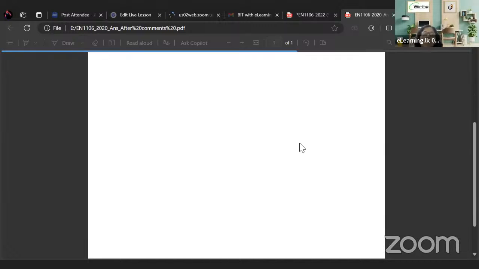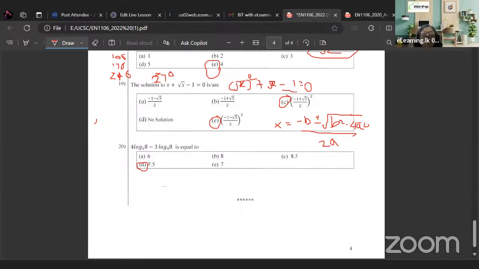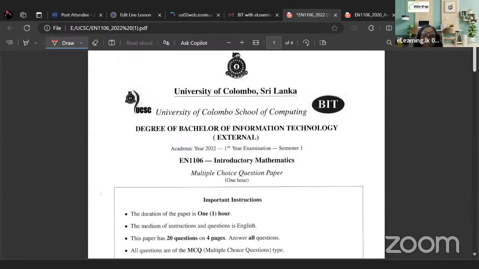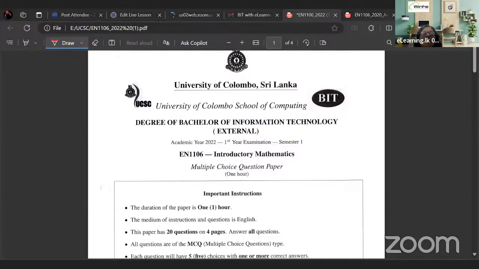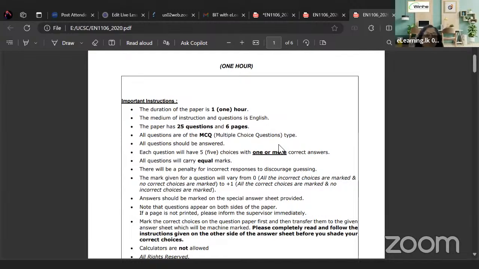Now we will move on to the paper on 2020. 25 questions are given in 2020 also, right?